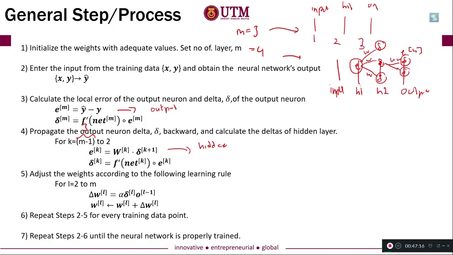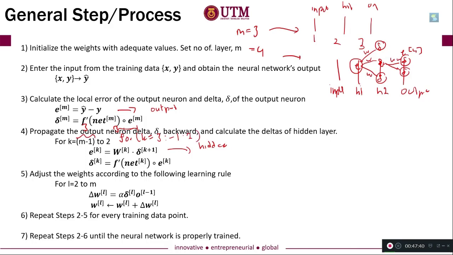So it's actually 3. How to write that one? I think in MATLAB you must write something like for k equal to 3 colon minus 1 colon 2.